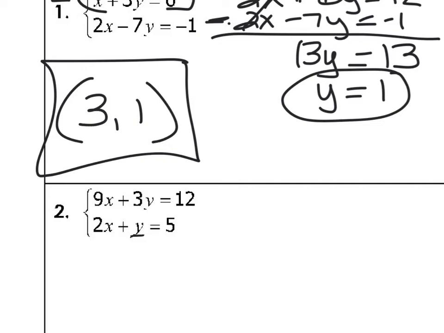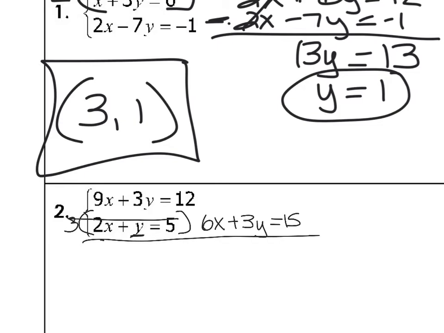So I got 3 and 1. So if I multiply the second equation by 3, then that's going to give me 6x plus 3y equals 15. All right, so instead of that, I've got this now.